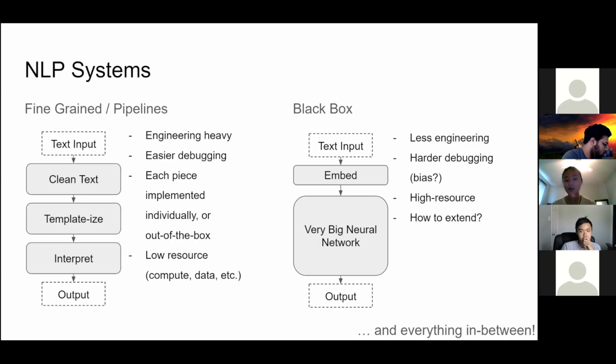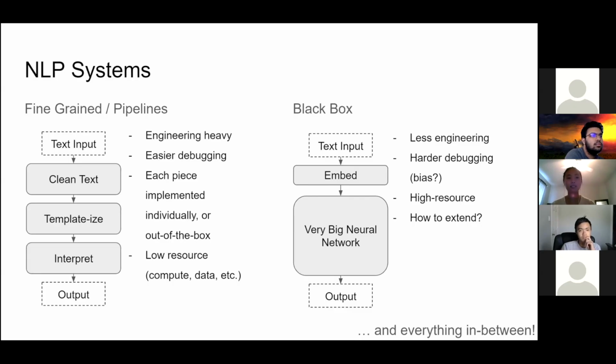Think about all the cases that make headlines where machine learning learns racial bias or gender bias based on its training data. That generates negative PR, and it's very hard to diagnose. So in practice, you'll usually go with a fine-grained pipeline system.